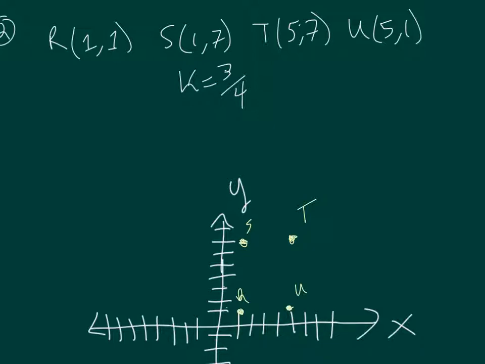Okay. We are asked to dilate this shape. Oh, it's not a square, sorry, this is a rectangle. But we are asked to dilate this shape by a scale factor of 3/4. Since k is less than 1, that means we're going to be shrinking our shape.